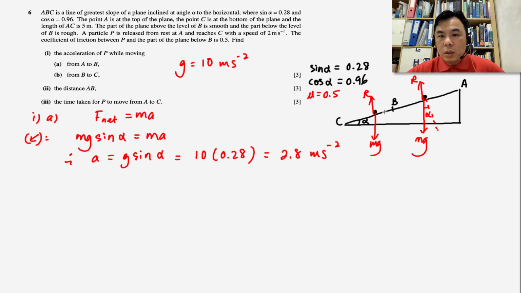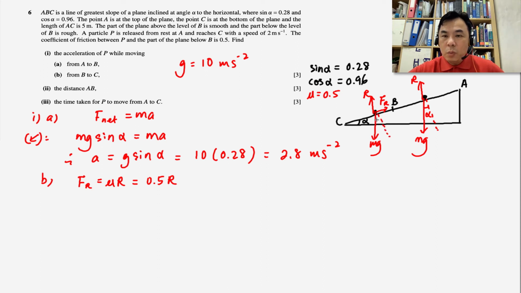Because it's rolling down, the friction is acting upward. Frictional force, I'm going to label that as Fr. Bear in mind, frictional force is given by mu R. In our case, the coefficient of friction is 0.5, so 0.5 R. But how do I find out R then?